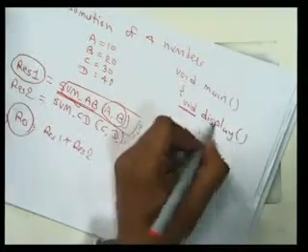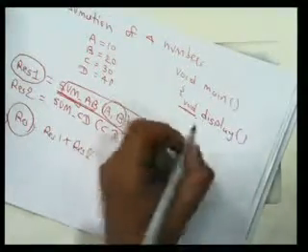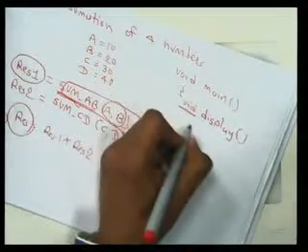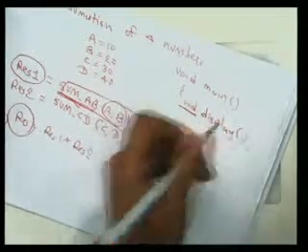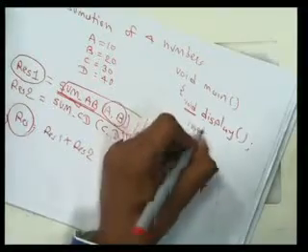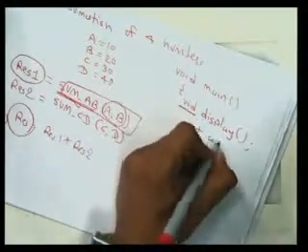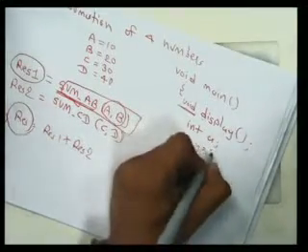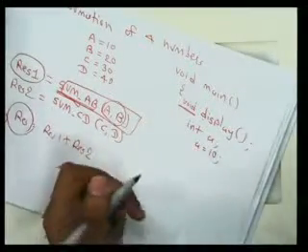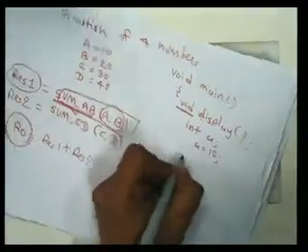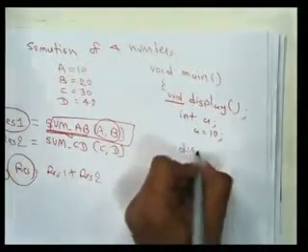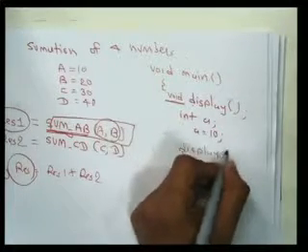This is the function name and these are the two braces. So this is the function prototype. Now suppose I am declaring one variable a. I am giving some value to variable a. Now what I am doing is making a function call.